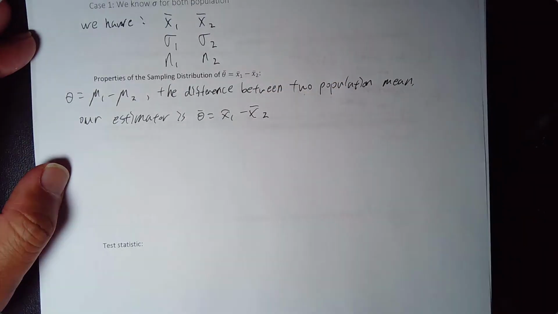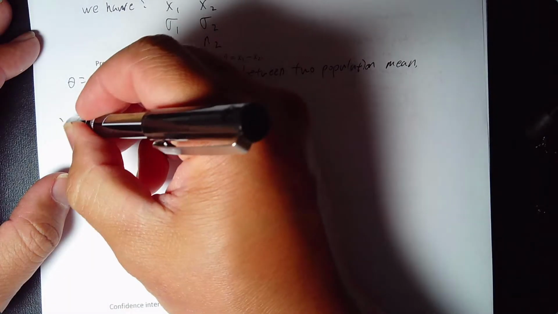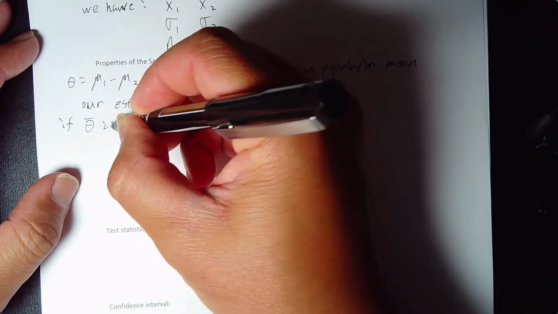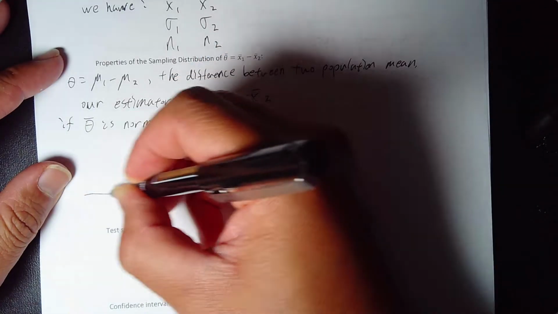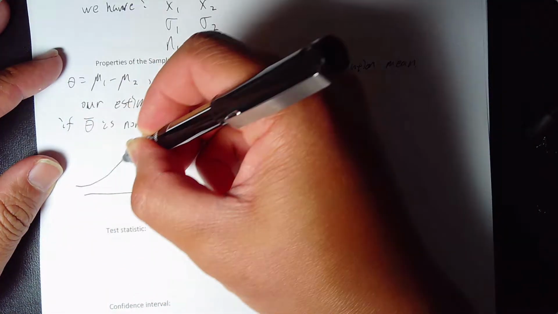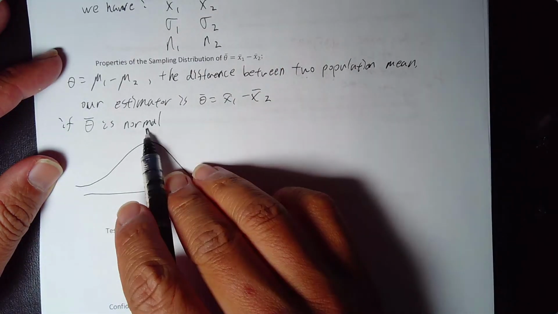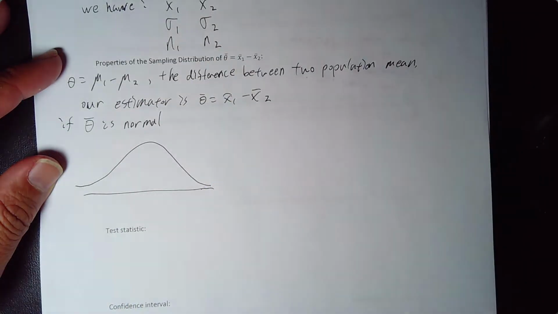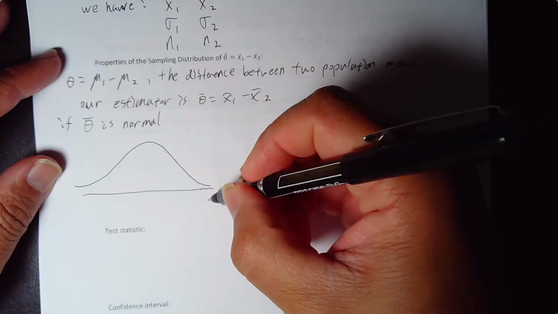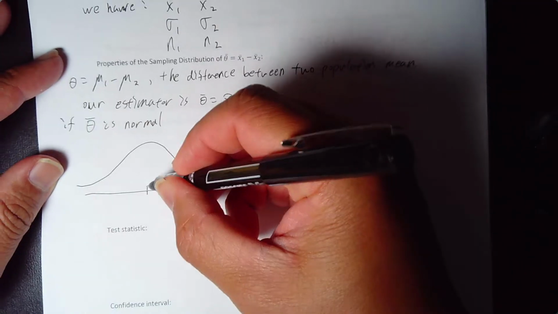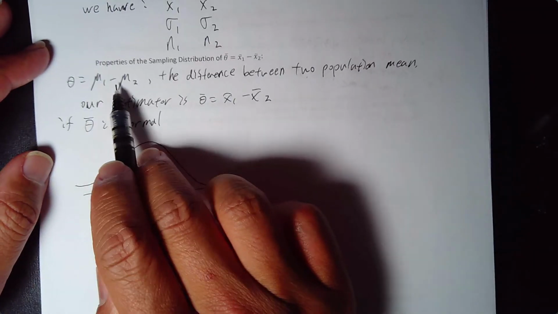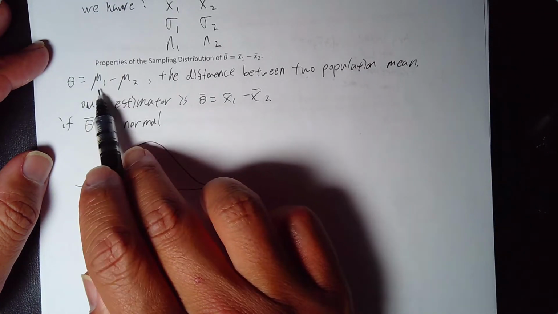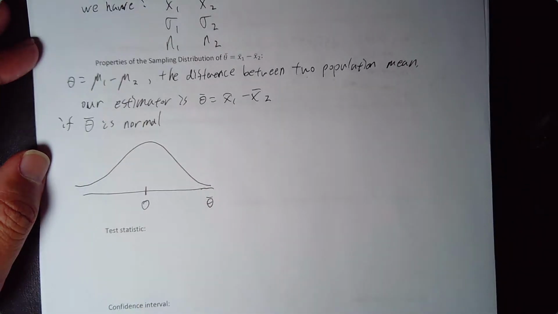Now, if theta bar is normally distributed, then we have a normal approximation. Look at the previous page for our condition for approximately normal. So theta bar is normally distributed, centered at 0, because the null hypothesis we're focusing on is that these two are the same, so the difference will be 0.